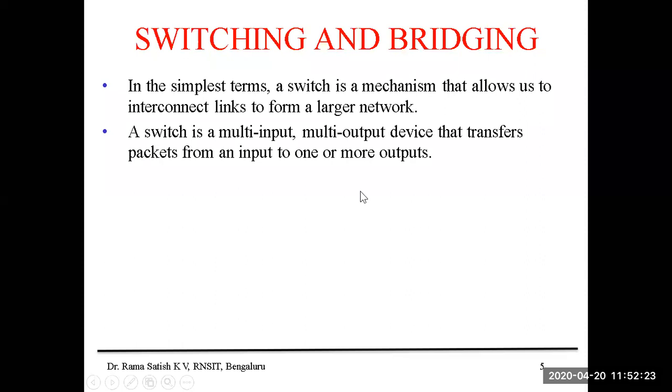And of course, a switch is a multi-input and multi-output device that transfers a packet from an input to one or more outputs. If you are doing broadcasting, one packet has to be broadcast across all the lines. If you are doing unicast, it is one input, one output. If you are doing multicasting, it is one input to selected outputs.